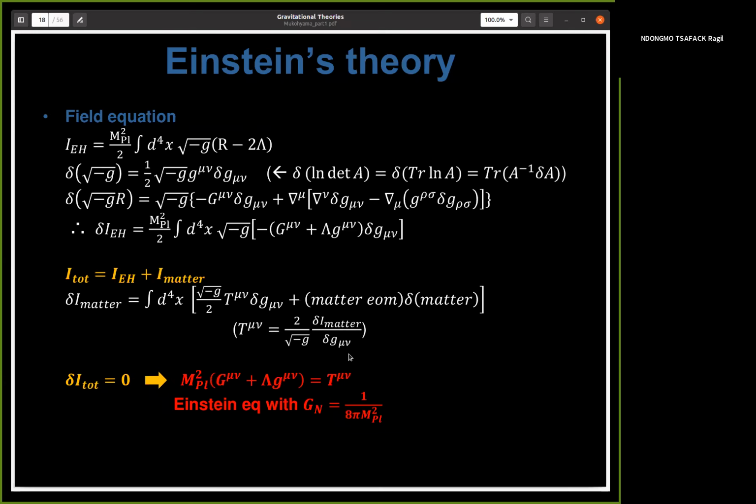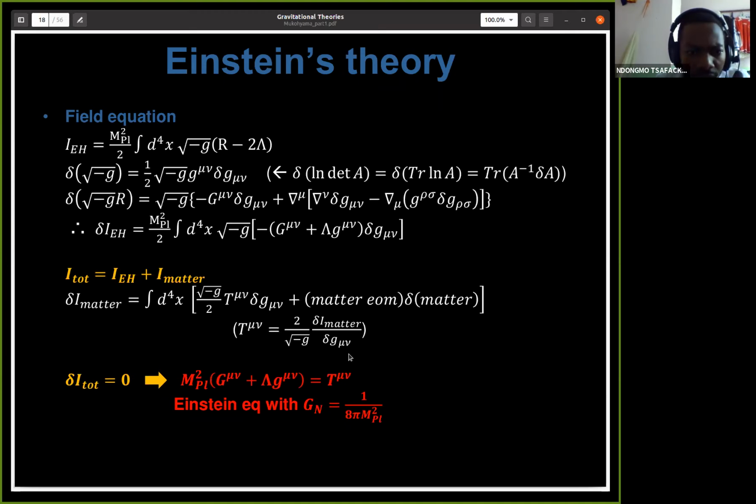Yes, please, sir. I don't know if I'm wrong, but it seems like the variation of the action I gives the last integral. Perhaps it is the variation of I total or only I matter, since we see in the brackets the square root of minus g times T_mu nu over 2.